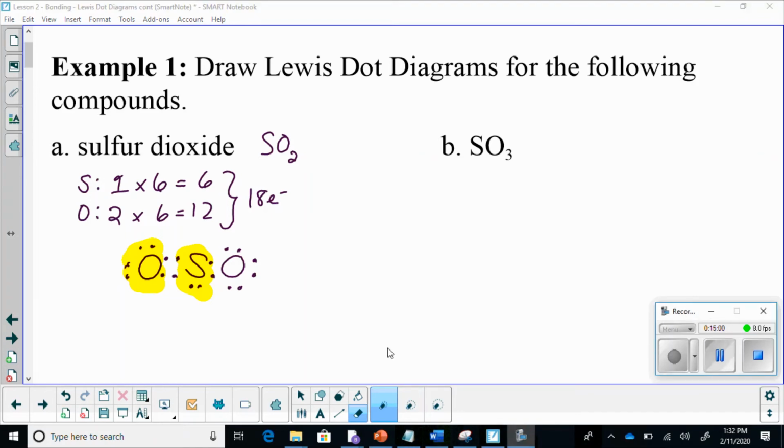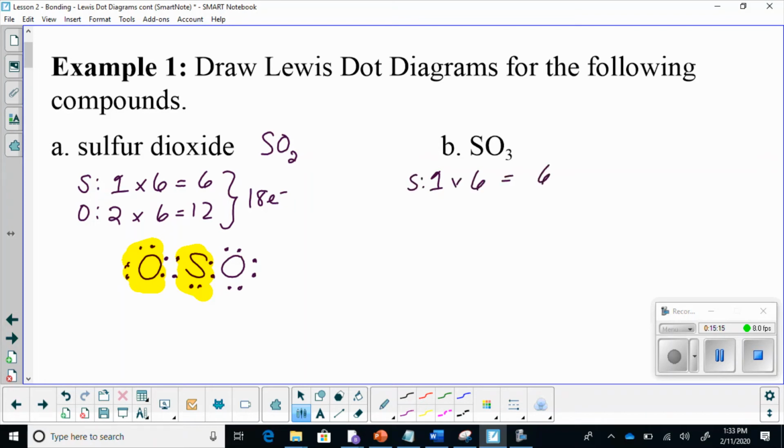Okay, sulfur trioxide. The first thing we're going to do again, calculate our total valence electrons. So 1 sulfur times 6. Oxygen, 3 times 6, 18 for a total of 24 electrons.